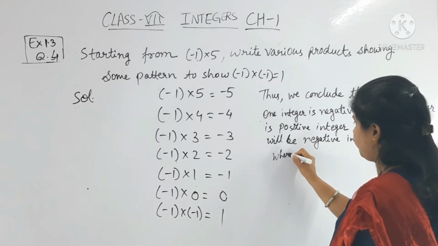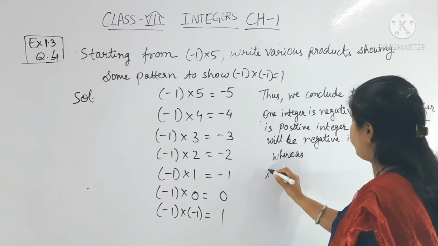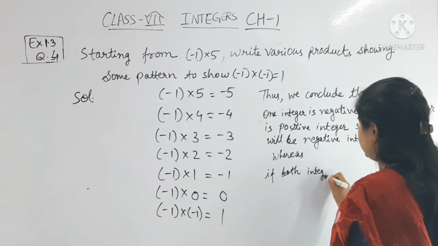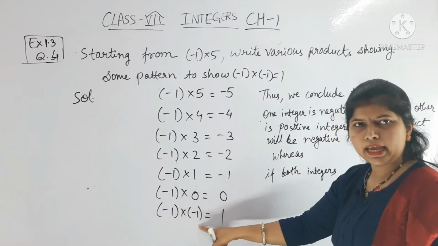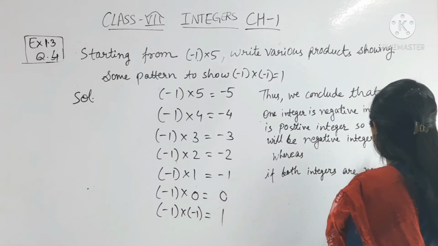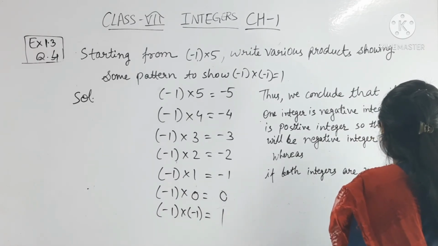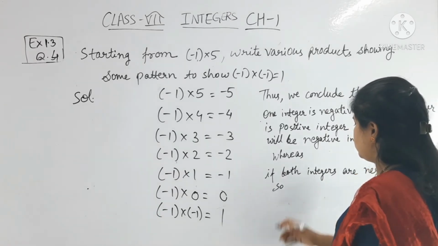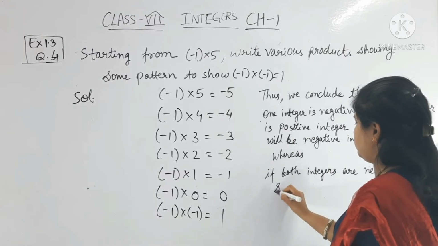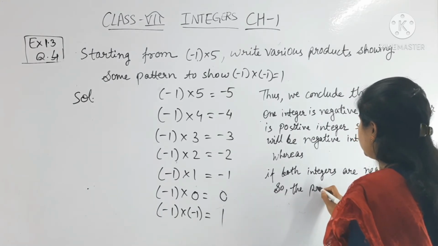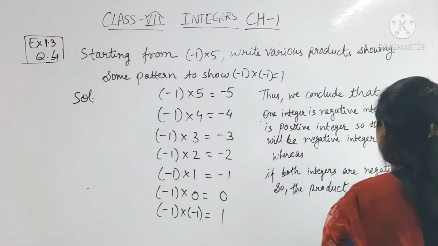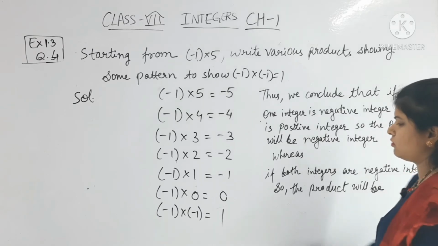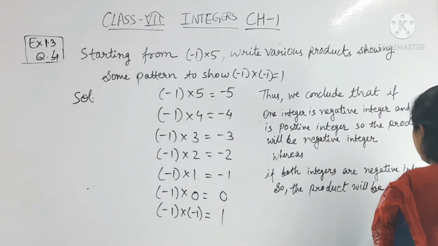Whereas if both integers are negative integers, the product will be a positive integer.